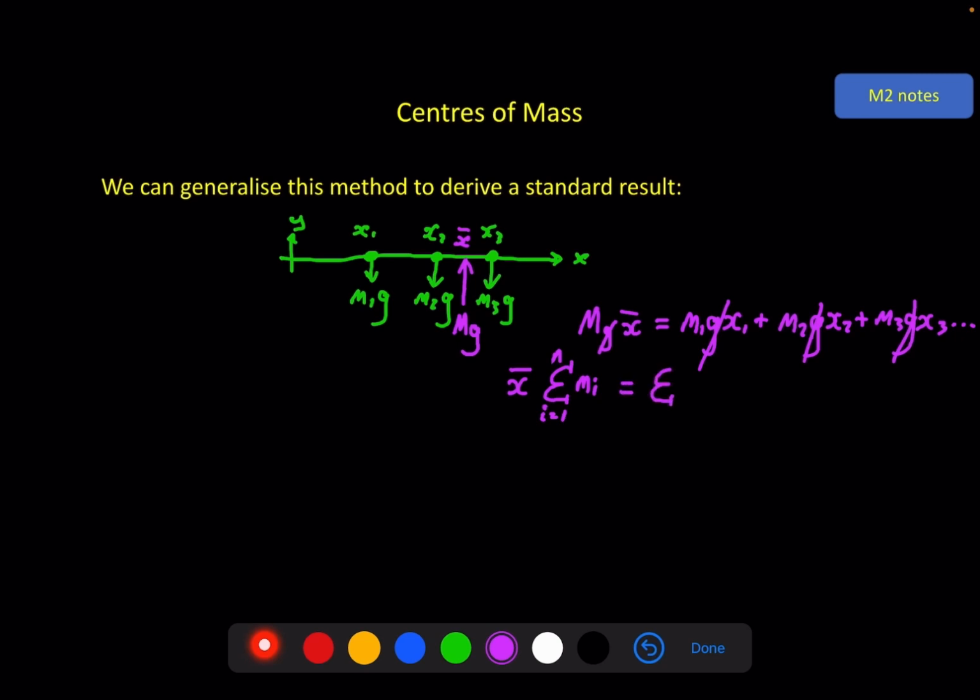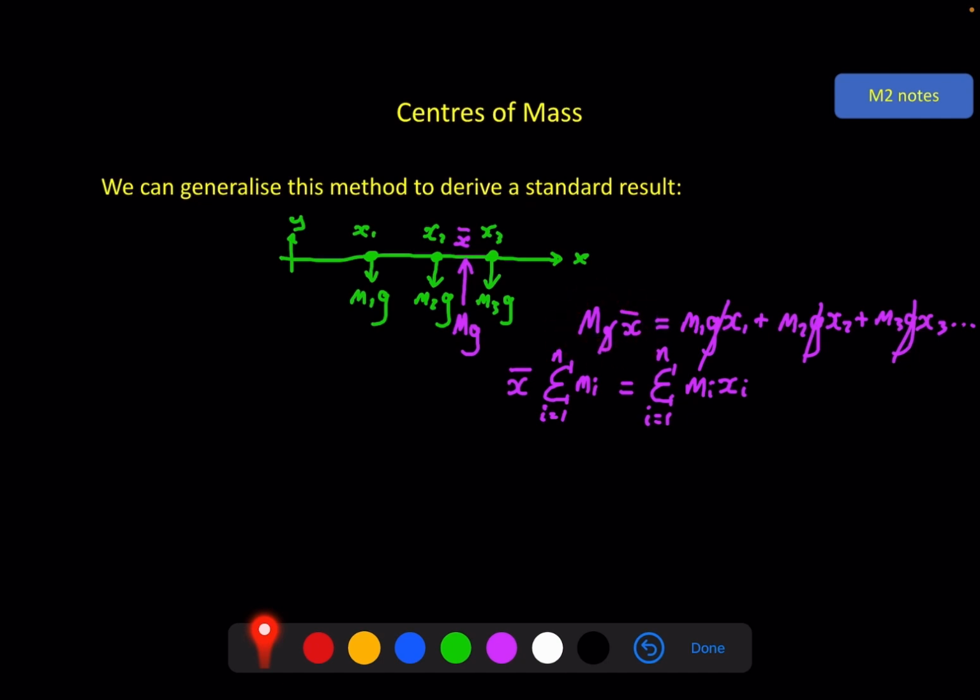That has to equal the sum of each individual moment, m_i x_i, from 1 to n. So I hope it's clear what I've done there. I've just taken the individual particles, found their moments for each one, put that on one side, and said that must be equivalent to the moment of the centre of mass.